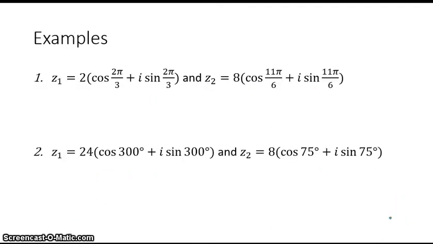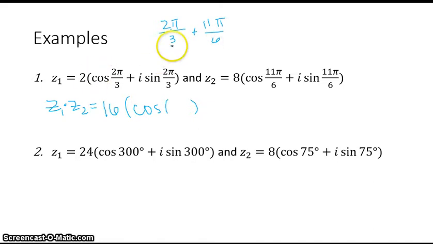So let's use that. For this first example, I'm going to do z1 times z2. To do that, I multiply my r's, so 2 times 8, which is 16. And then I'm going to have cosine of, and then for my angles, I'm going to add them. So I'm going to have 2 pi over 3 plus 11 pi over 6.